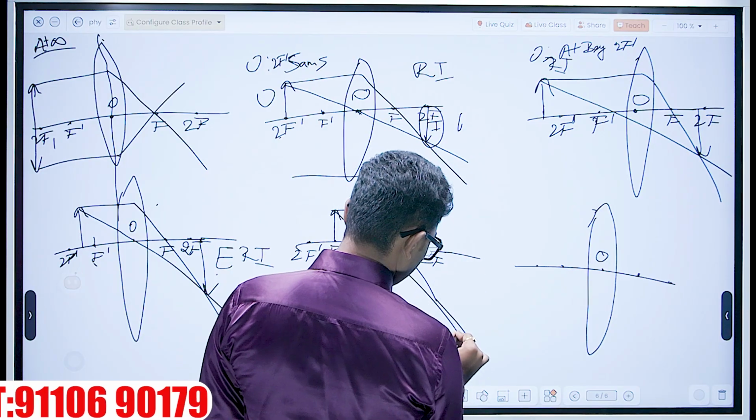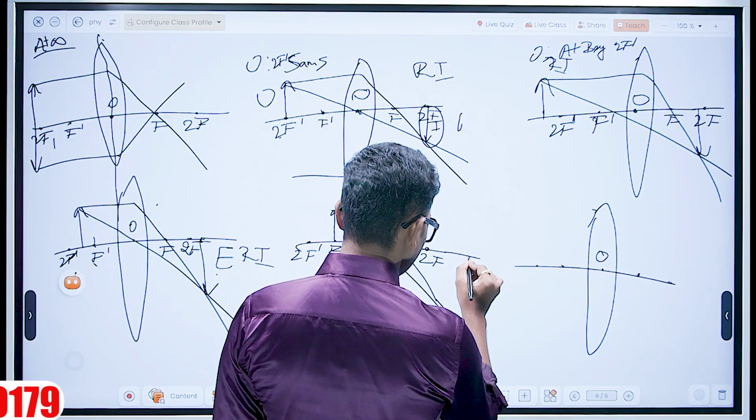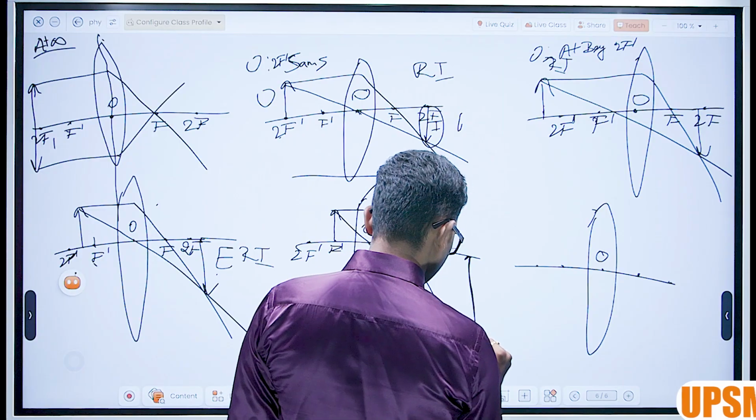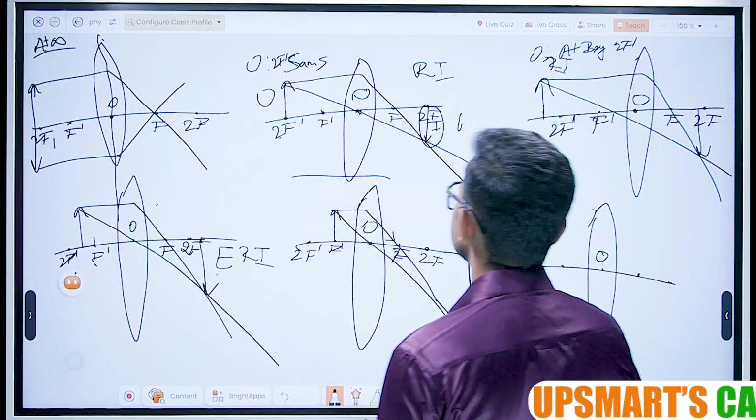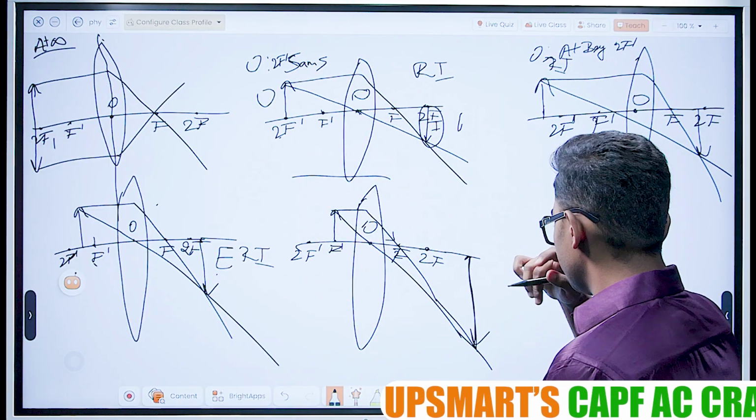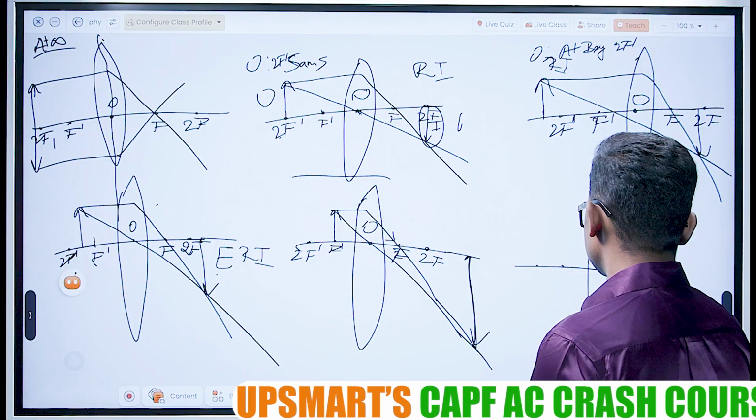So the rays will meet at infinity. This is the image formed in this case.